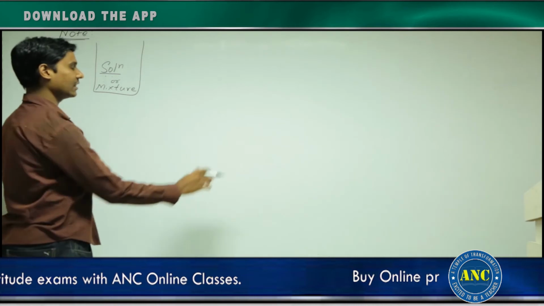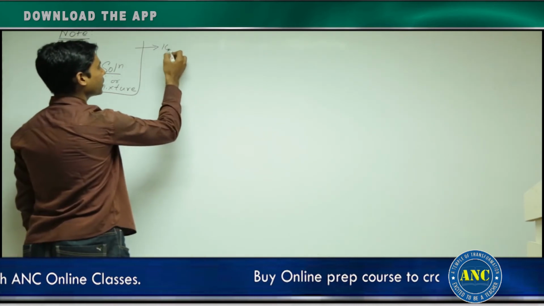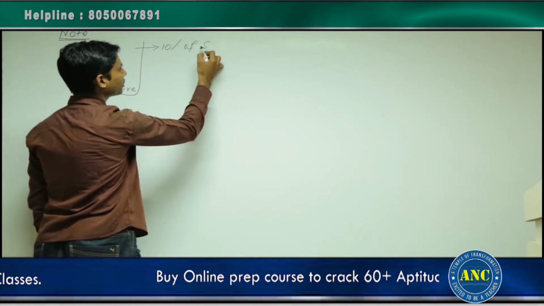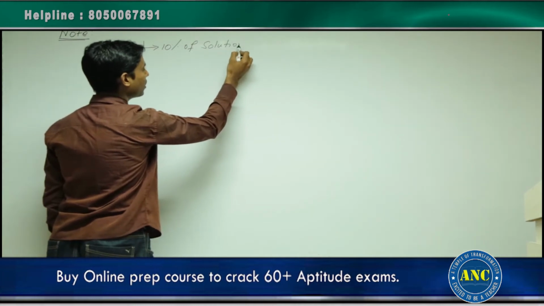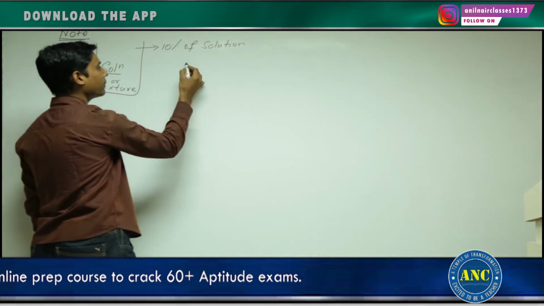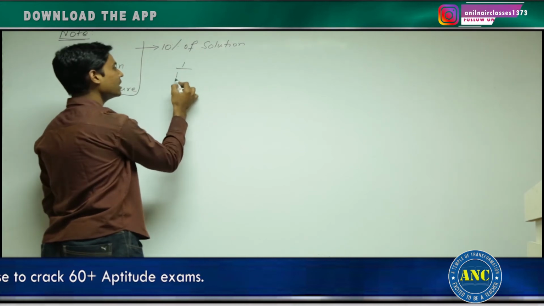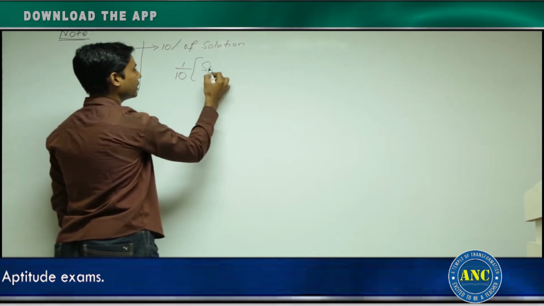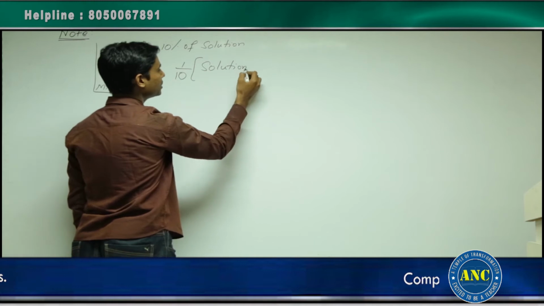Now, if I tell you that I will take out 10% of solution from this vessel, what is the meaning of taking out 10% of solution? 10% is nothing but 1 by 10. That means 1 by 10 of solution is taken out.